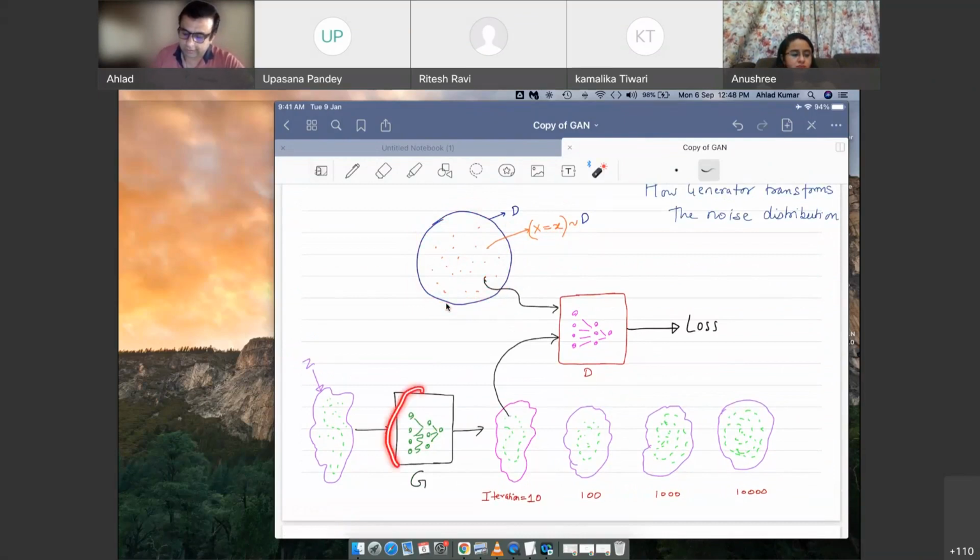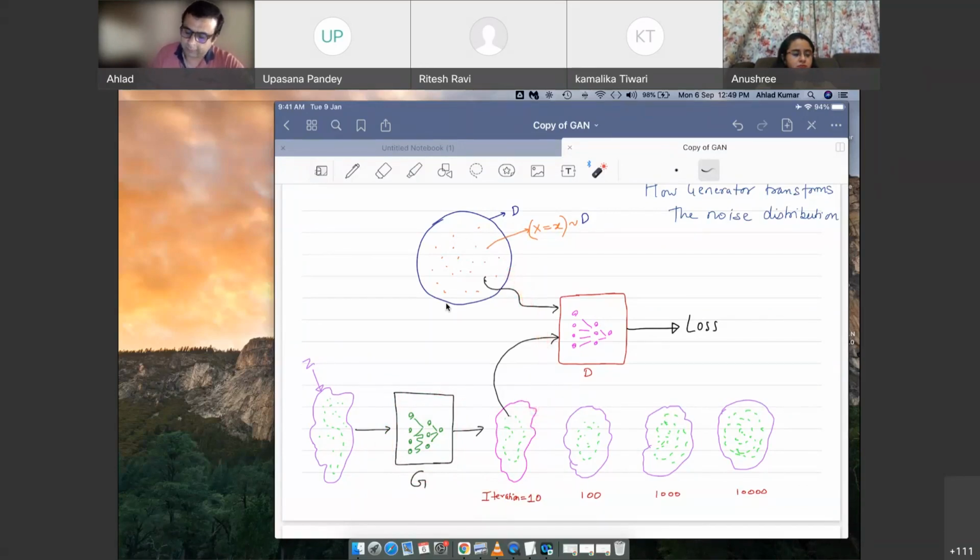Now this is the generator. It takes a random value or a random seed from a normal distribution, and feeds it into this generator block. I have given you just brief snapshots of the iterations, but it can be different. Let us say we run it for 10 iterations. In 10 iterations, it will come out with this type of boundary, and you can see that this boundary is not the same as this boundary.